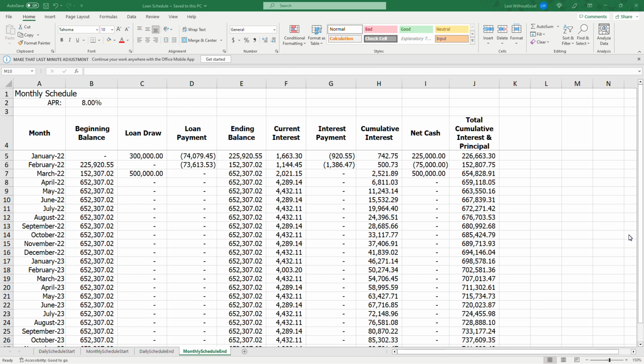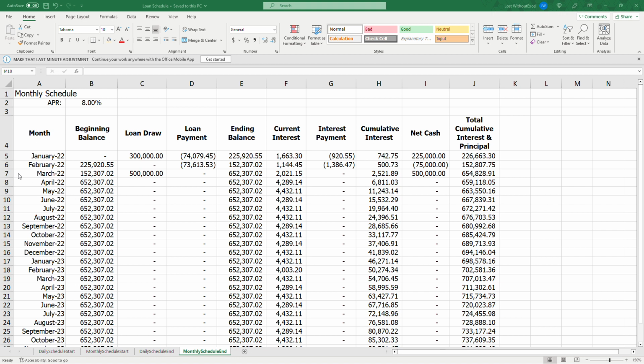So the end result is going to be two different worksheets. I'm going to show you an example of what the end result looks like, and then we'll build it. The sheet I have up on the screen is the monthly summary, essentially what you would use to do your journal entries at the end of the month.